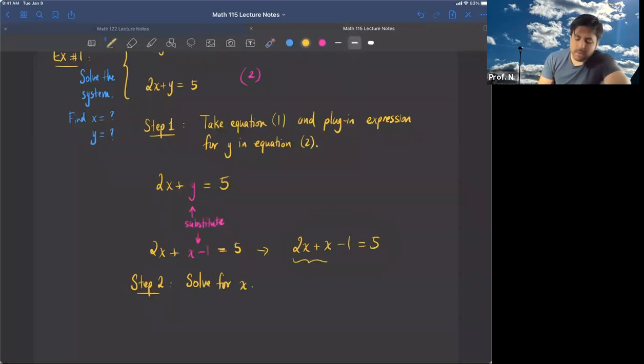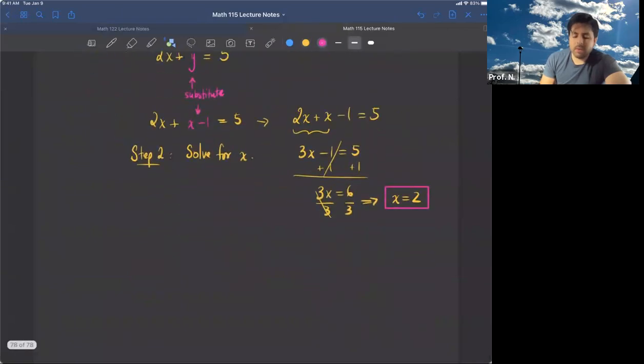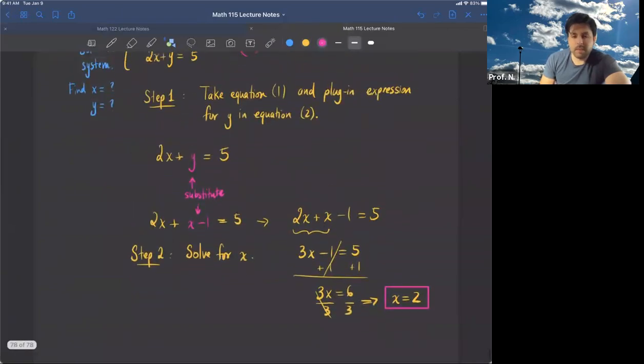I can first combine like terms. I get 3x minus 1 equals 5. I can add 1 on both sides, so I get 3x equals 6. Divide by 3, and I get that x equals 2. So x equals 2 is one of the solutions.